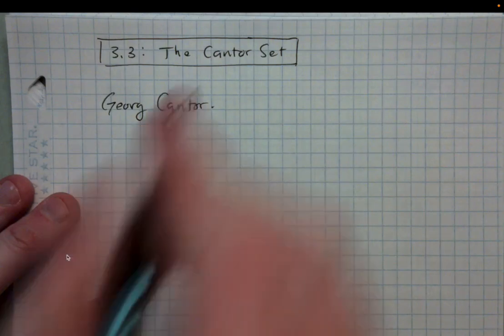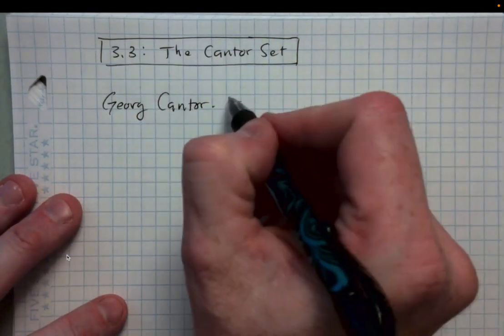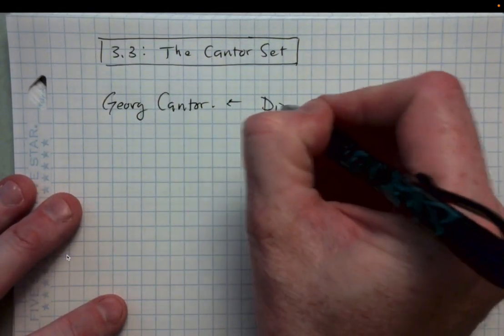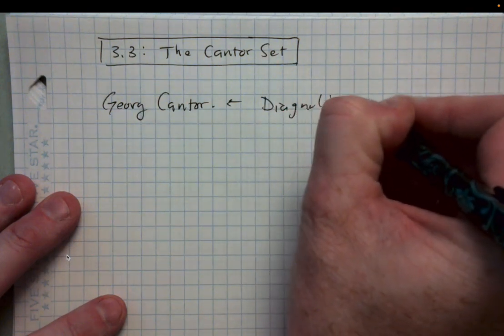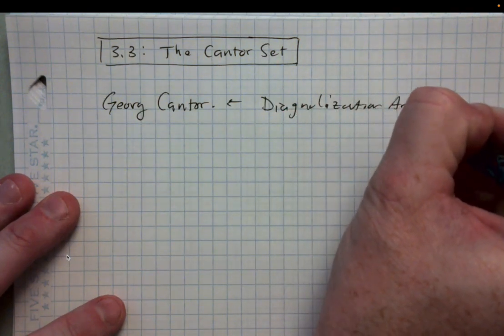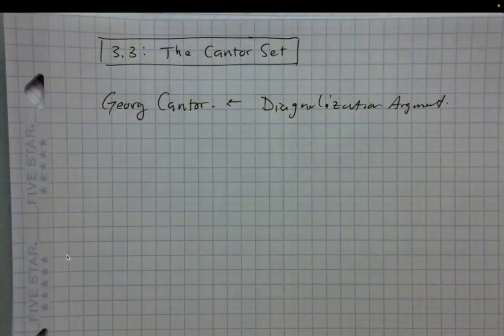We talked about him earlier in the course when we got into the diagonalization argument, and specifically the concept of countable versus uncountable. This all comes from Cantor.